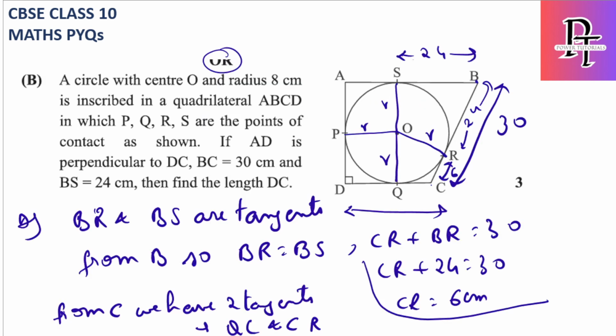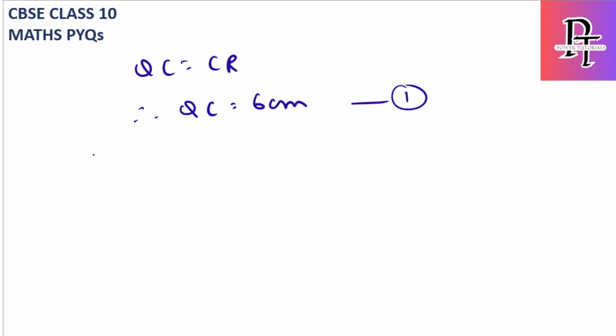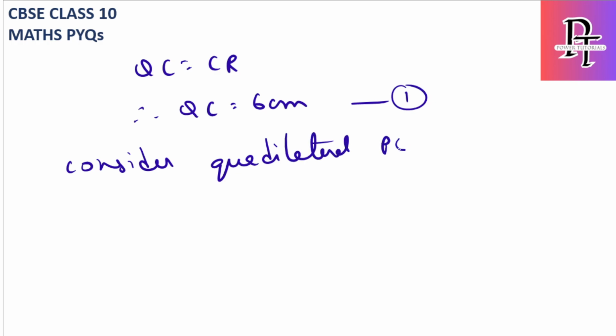Now let's see the other condition. Consider the quadrilateral PDQO. All angles are 90 degrees. Why?